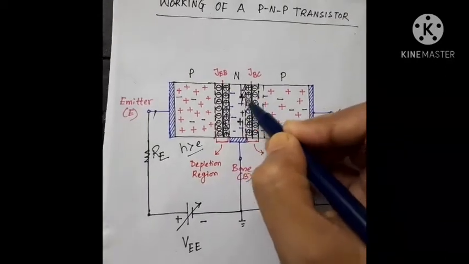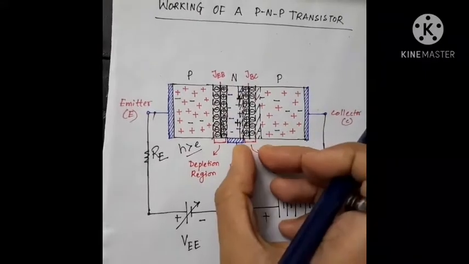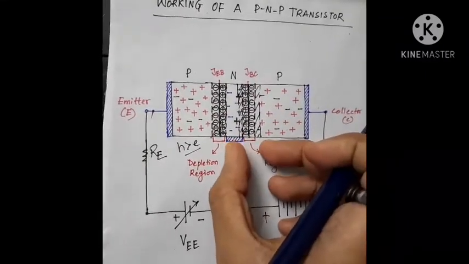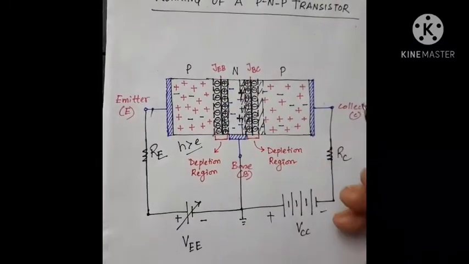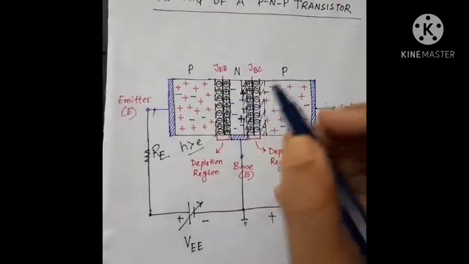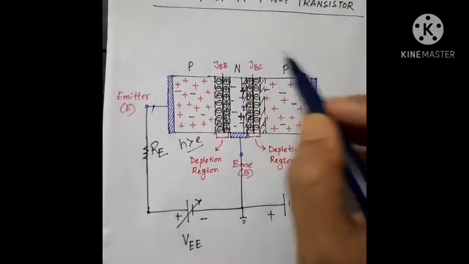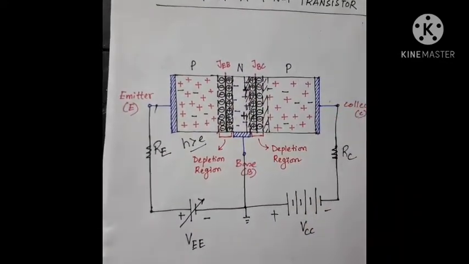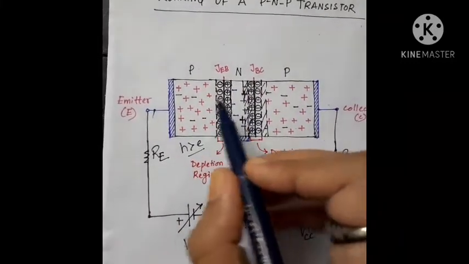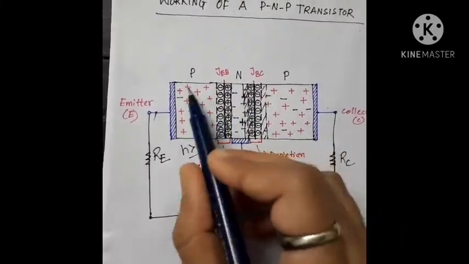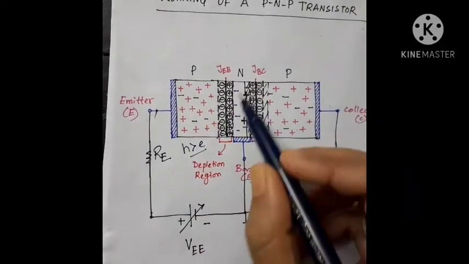So it will extend, as you can see here, and the width becomes wider. If you draw the energy band diagram, the barrier height will become larger. That I will illustrate later. Now you can see the main current is flowing across this junction because it is forward biased, and here there is a minimum flow of current.